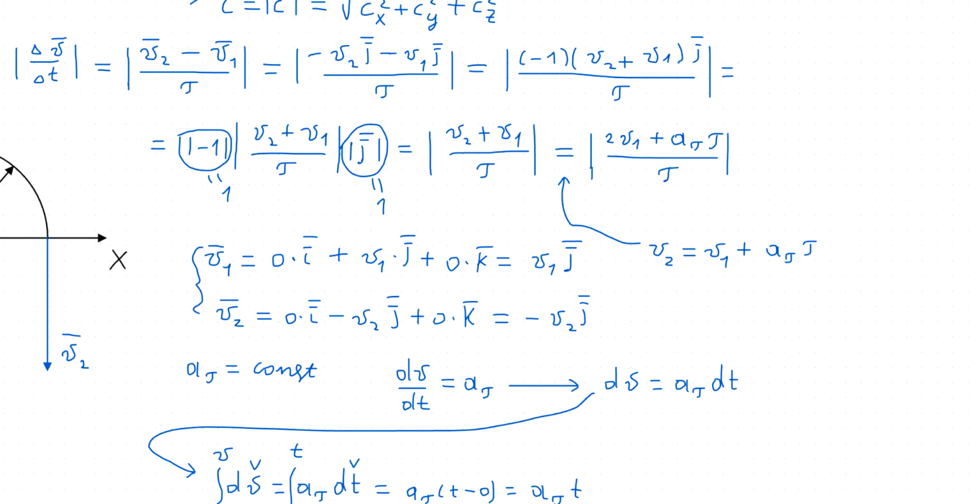But it is not the answer, because we still don't know this, and we still don't know a tau. About a tau, we know just that it is constant, but we don't know the value of this constant.